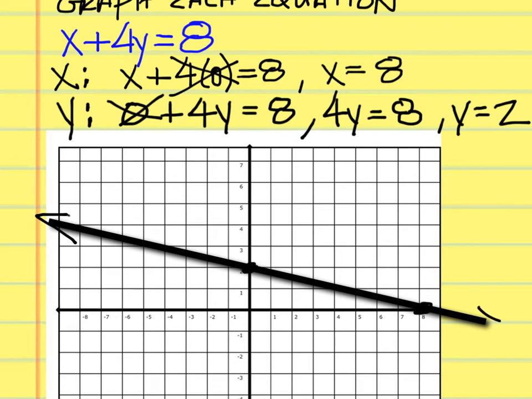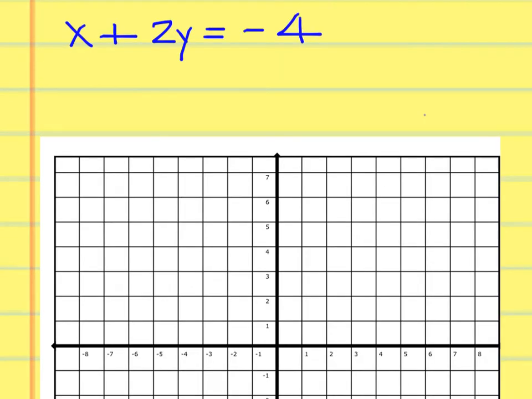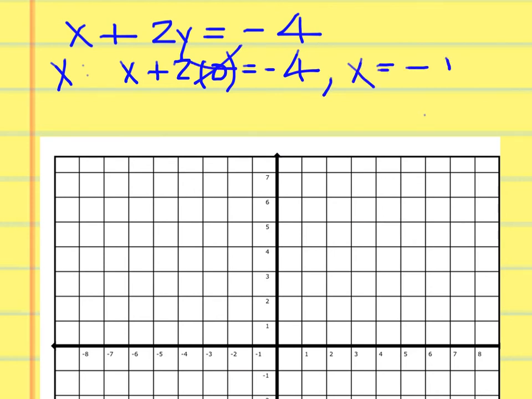And put the arrows. To find the x-intercept, we have to plug in a 0 for y. Notice that this will cancel out. So x equals -4. And then for the y-intercept, plug a 0 in for x.